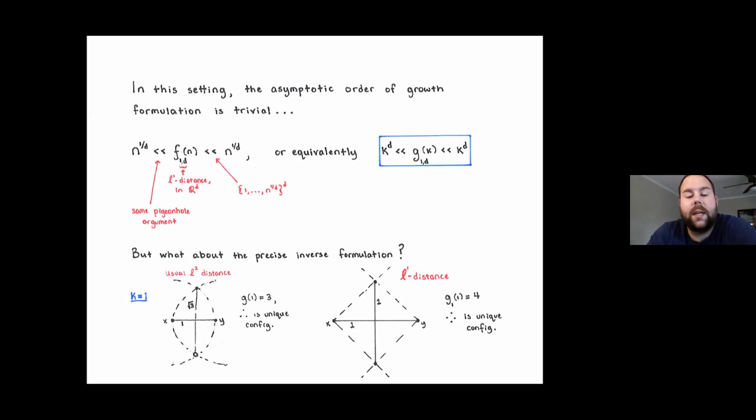If I'm only going to use that same distance, every other point has to lie on both the circle of radius 1 centered at X and the circle of radius 1 centered at Y. Those two circles intersect at 2 points, but those 2 points are too far apart, so I can only take one of them. I can't take both of them. I could use that exact same idea with the taxicab metric.